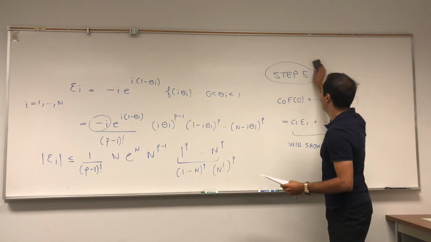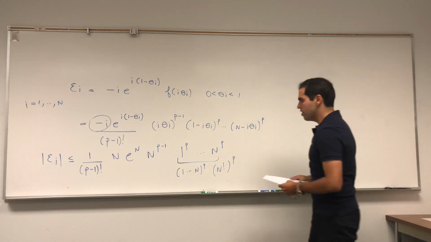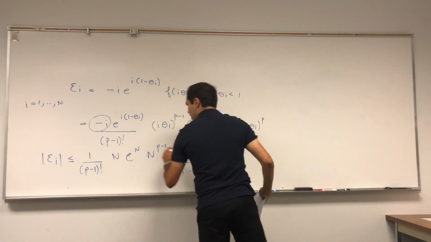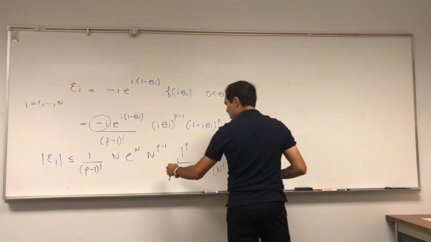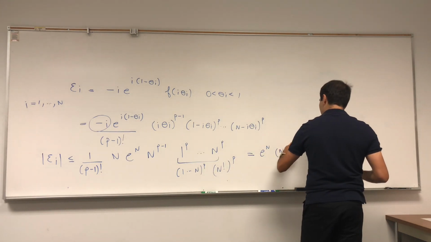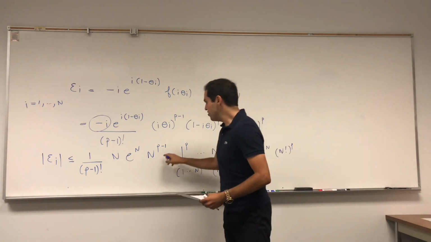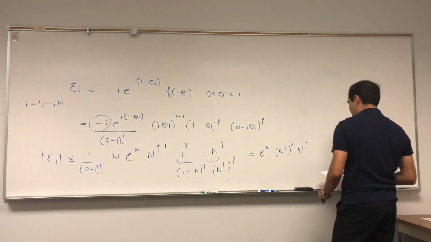And so if you combine this, the whole thing becomes e to the n factorial to the p. And n to the p minus 1 times n becomes n to the p.